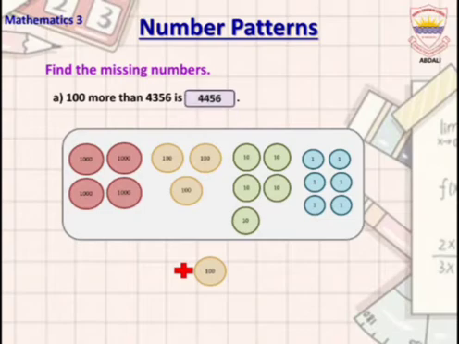We add 1 number disk of 100 in the 100 number disks. Now students, let's count how many number disks are at the 100 place. Let's count: 1, 2, 3, 4. We have 4 number disks at the 100 place.